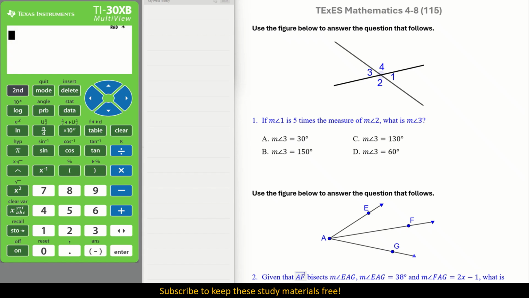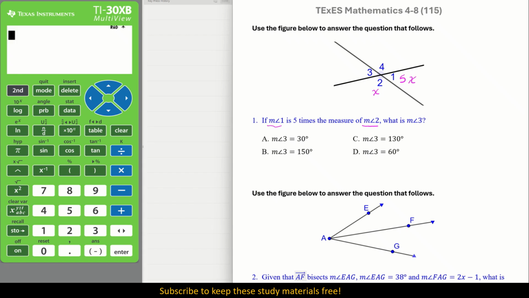First off, since they're using the measure of angle 2 as a reference angle, I would call that x. Now we can look at the measure of 1. It is 5 times the measure of 2, which is x. So we have x and 5x.